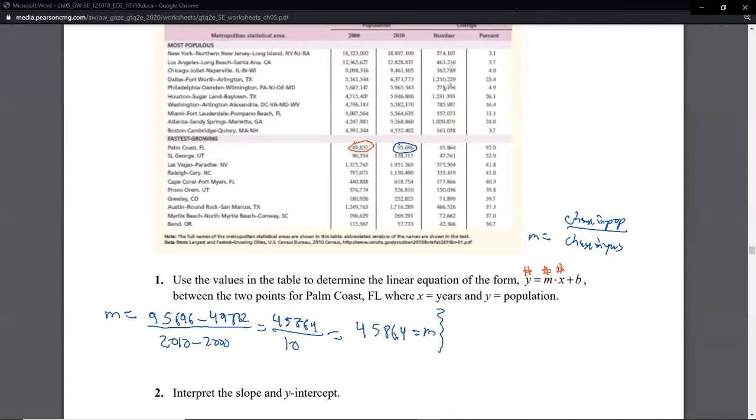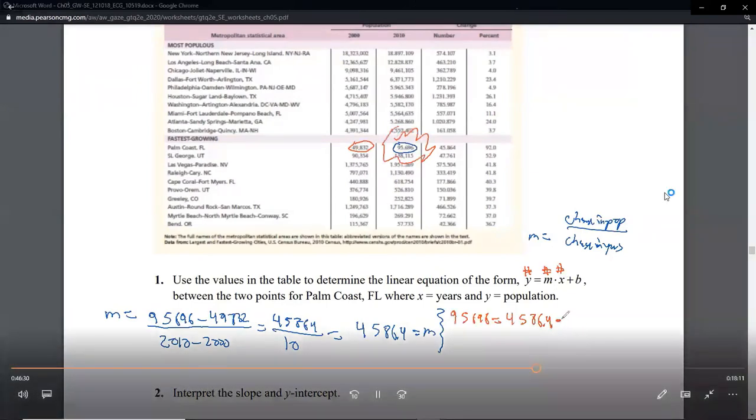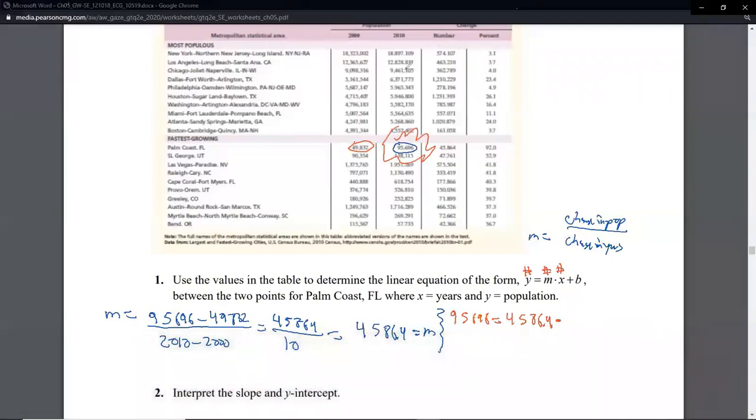Let's go back to red. Okay, so I'm going to plug in the 2010 numbers. Please ignore that that's red. That's the y value: 95,696 equals the m, which we just found to be 4586.4, times the x value, which is the 2010. I said I was going to use 2000, but I circled 2010. Let's just go with it.